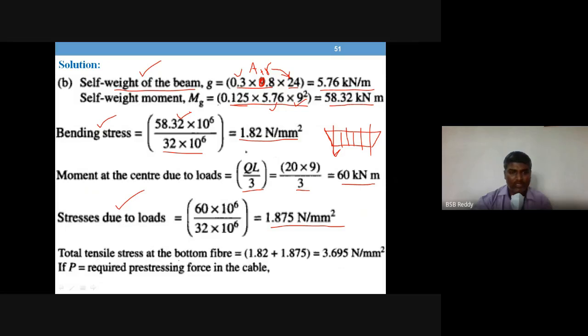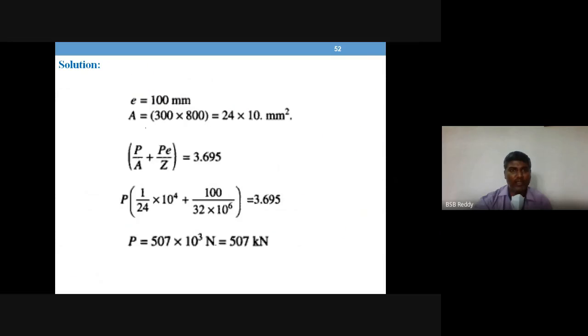Now the total tensile stress at bottom, top and bottom both are the same. So 1.82 plus 1.87. To balance this stress, how much stress shall be developed from pre-stress? So P is an unknown value. This is stress from pre-stress, P by A plus PE by Z at bottom.